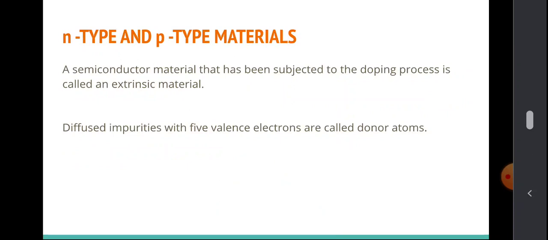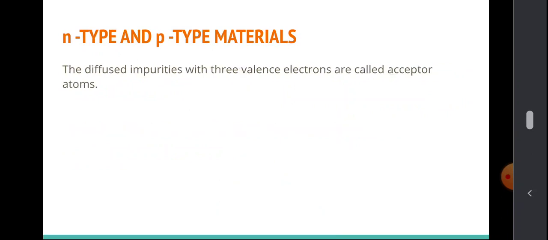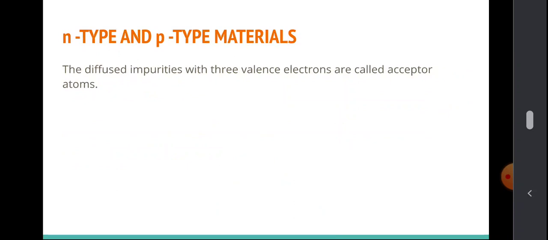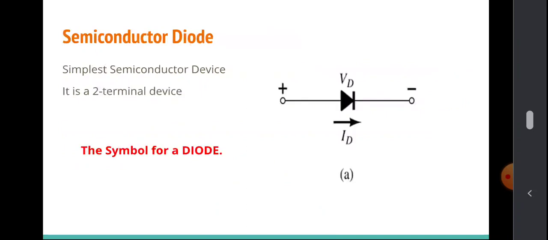The donor atoms are what we call N-type, and the P-type are called the acceptor atoms. So those that have donor atoms are what we call N-types, and those that have acceptor atoms, that is the P-types.